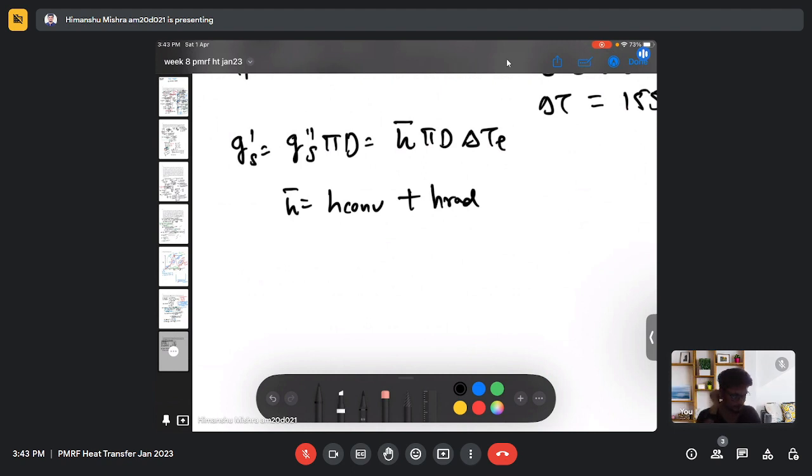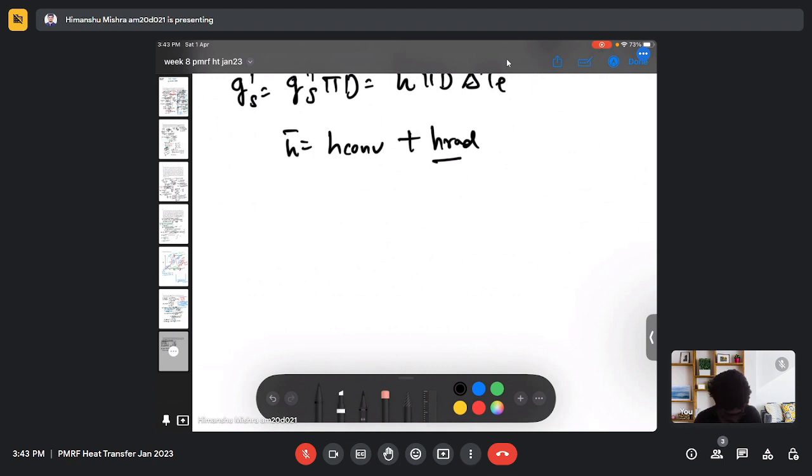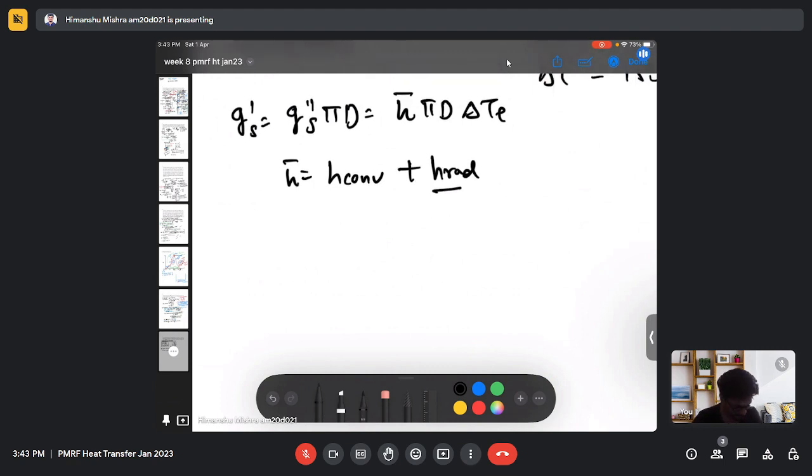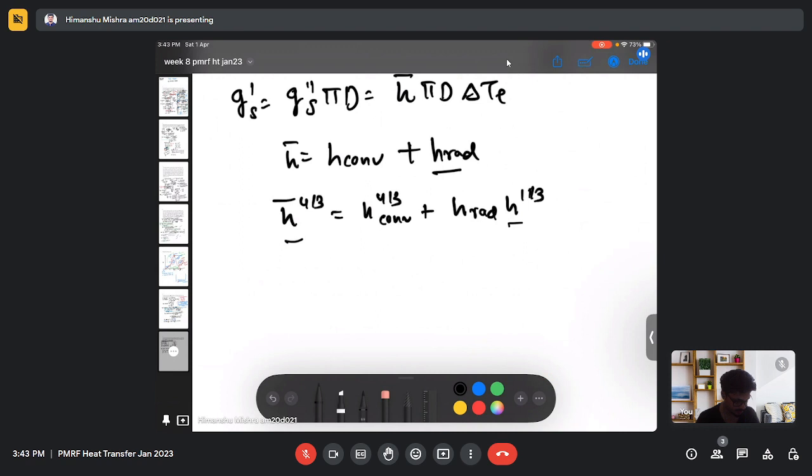In that case, we have to form the heat transfer coefficient based on the radiation. So here for the film boiling, my relation for the heat transfer coefficient will be given as this. So this is my relation to find the heat transfer coefficient in film boiling.